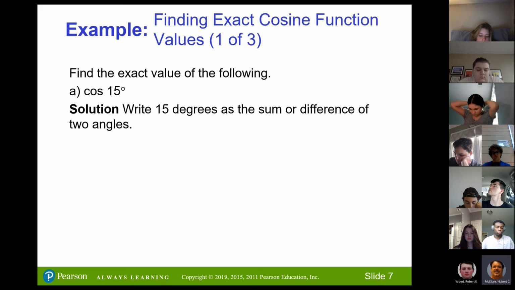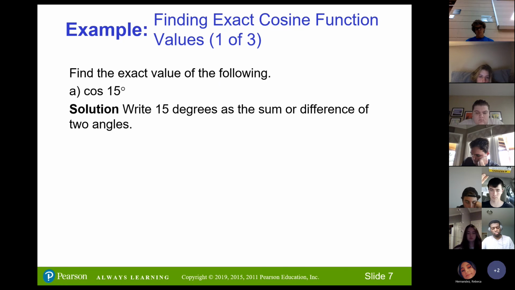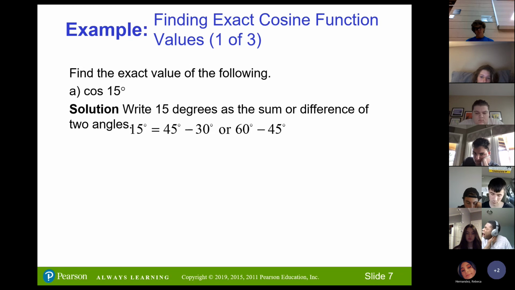You could do cosine of 60 minus 45. You could do those two. I can't write and do this at the same time, so I'm just showing you the slides, and we'll work the problem as we go with the slides. And there is their 60 minus 45, excuse me.